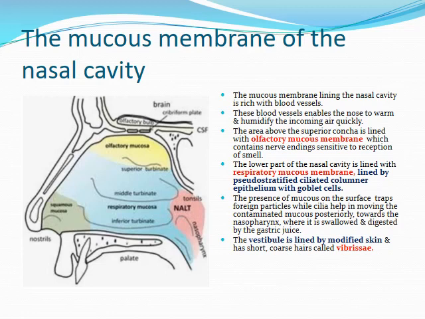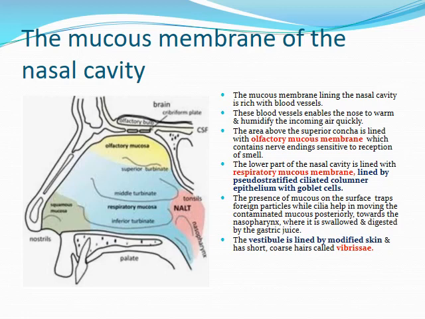The area above the superior concha is lined with olfactory mucous membrane, which contains the nerve endings sensitive to the reception of smell. In the picture, the yellow colored area is the area lined by olfactory mucous membrane. The rest of the nasal cavity is lined by respiratory mucous membrane, which is lined by pseudostratified ciliated columnar epithelium with goblet cells.